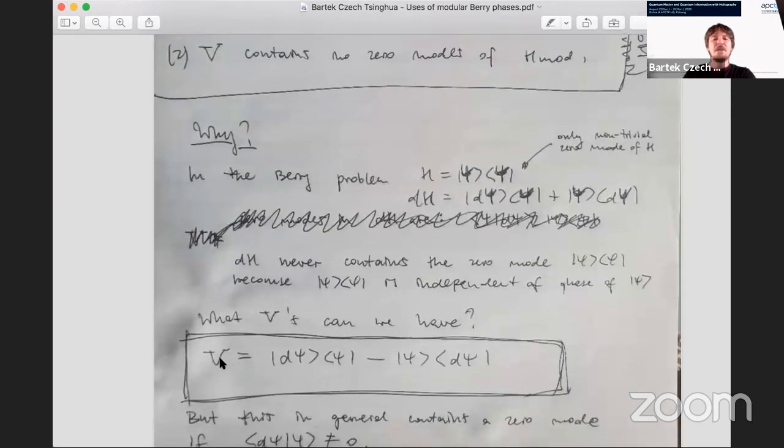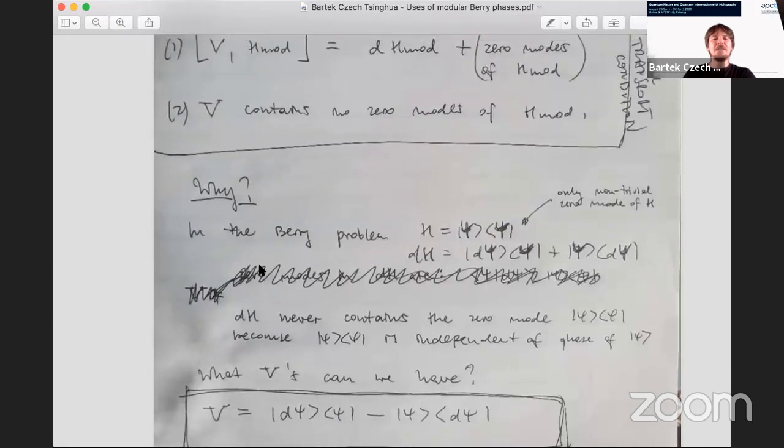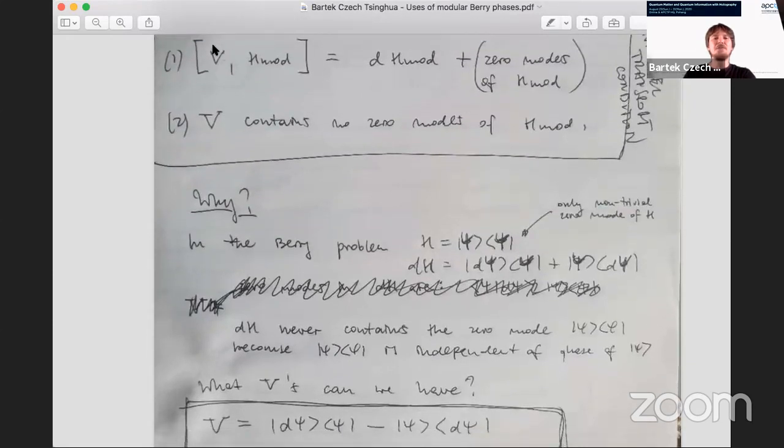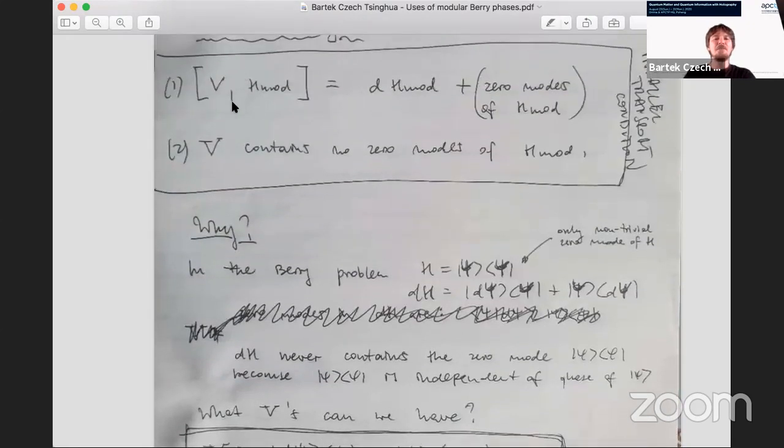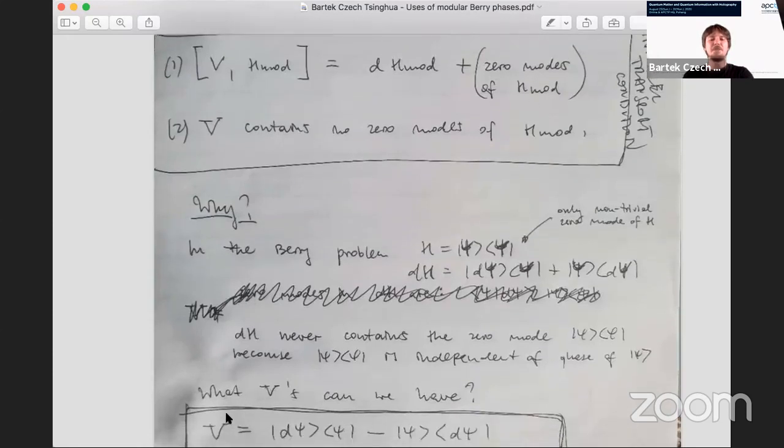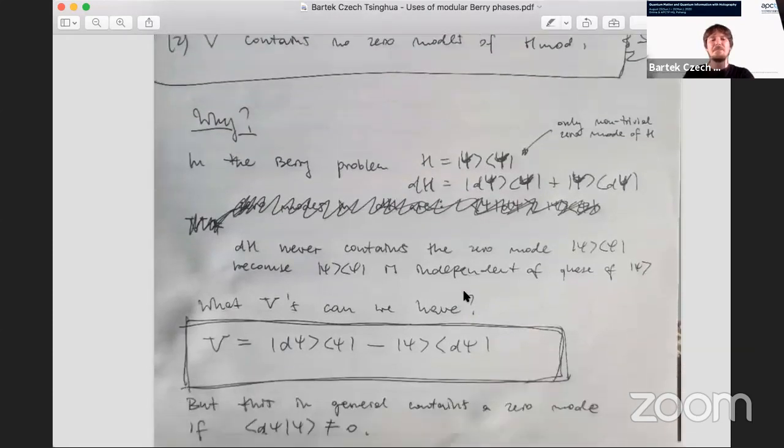Well, the simplest way to try to guess what V could be here is to just write down d psi minus psi d psi. This kind of V will automatically solve this equation, remembering that there are no zero modes. So if you just plug in this V in here, it will automatically give you this d phi. Okay, that's a fact.